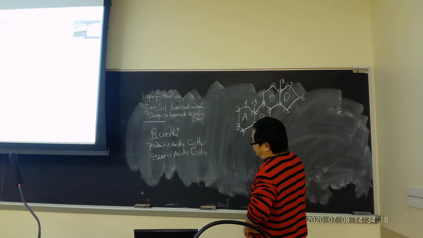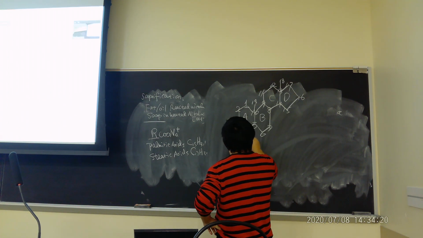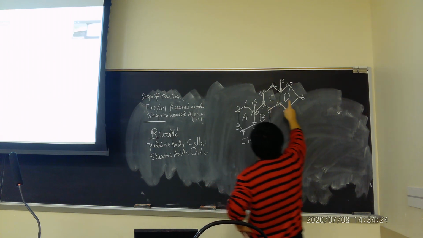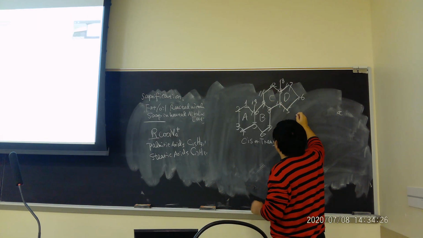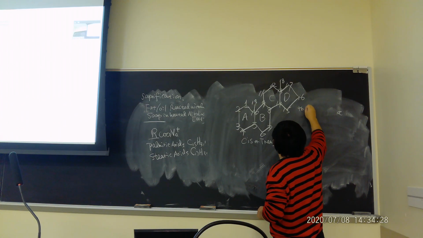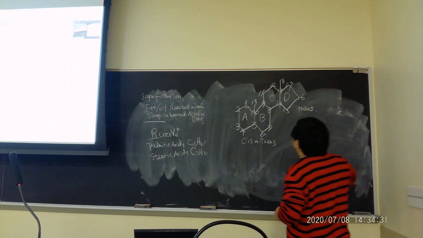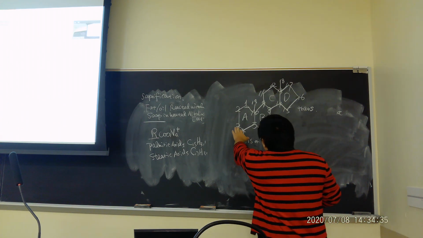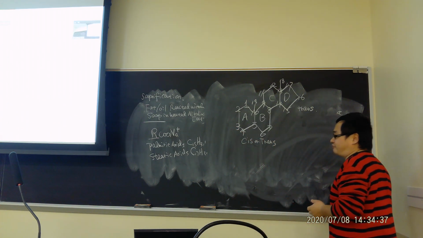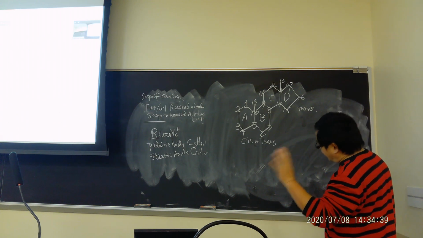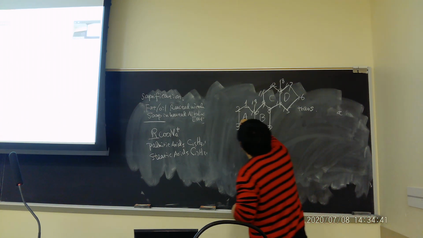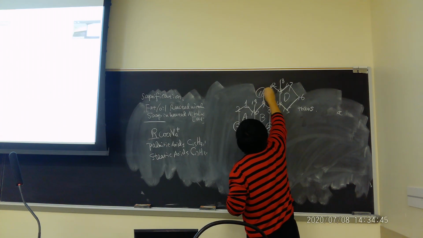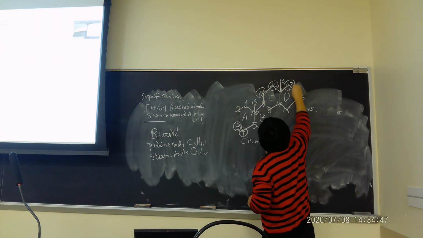The AB ring configuration could be cis or trans, but for the majority, the configuration of the CD ring is always trans. This is number one. Number two, our textbook tells you not all positions have biological functional groups. Most of the time it is positions 3, 4, 7, 11, 12, and 17.